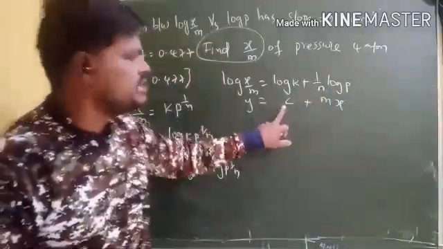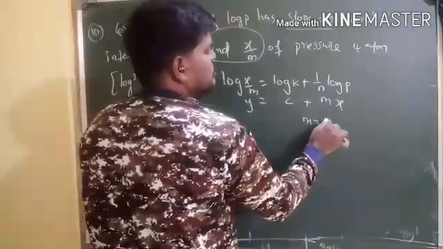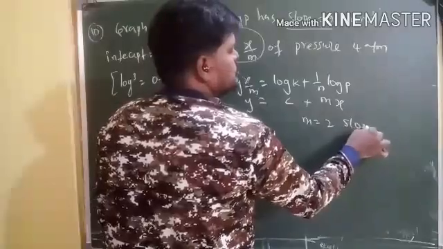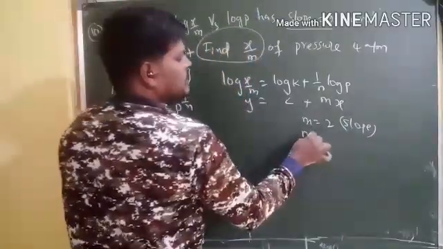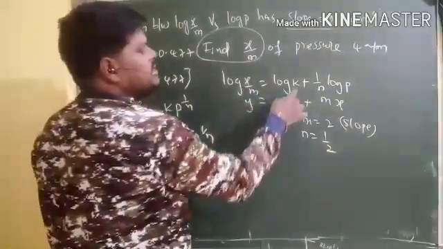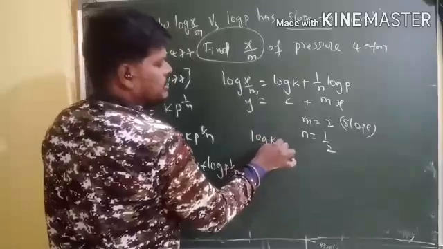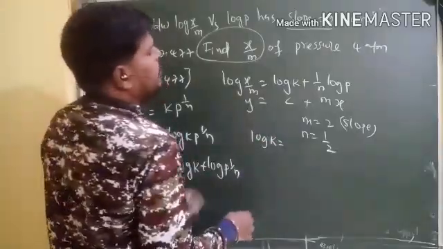Here c is our intercept, m is our slope. What is the slope here? It is 2, that means m is equal to 2, so 1/n is equal to 2. And what about k? Here log k is the intercept. What is the intercept value here? So log k is equal to what is the value?